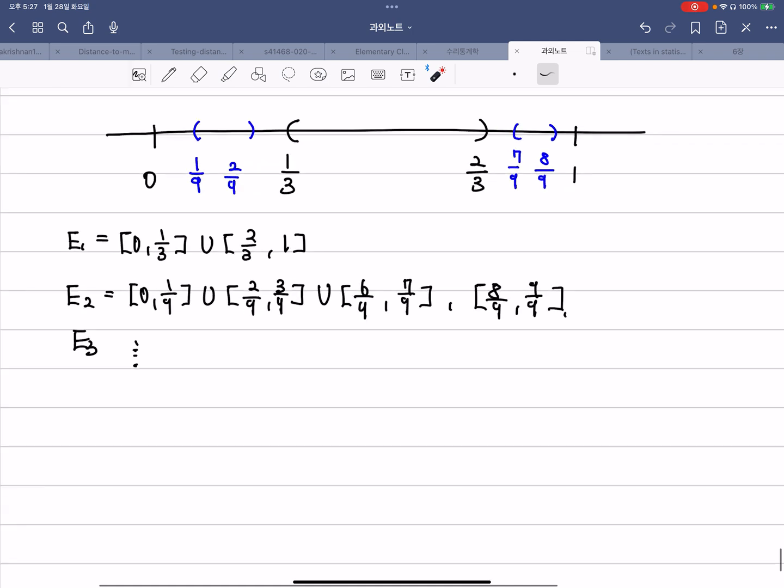On each interval we subtract the middle thirds of these intervals to get E3.